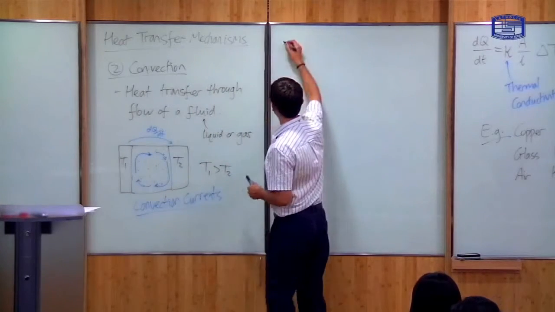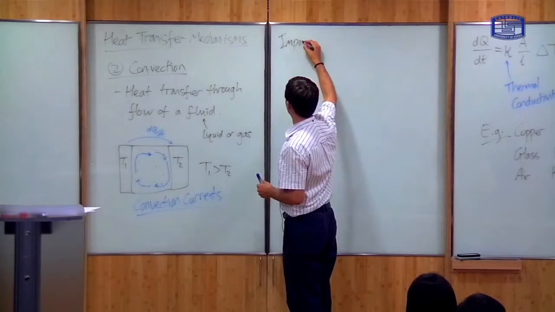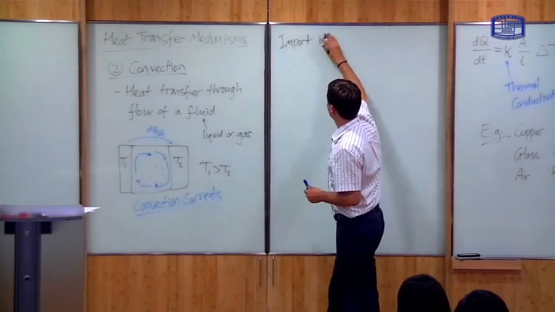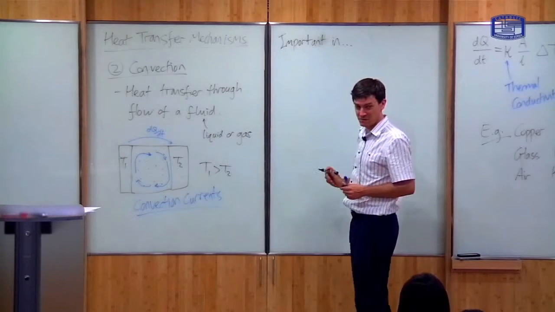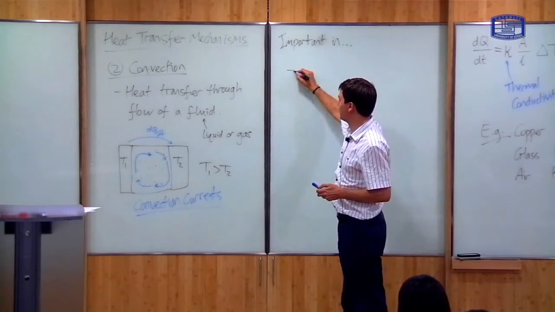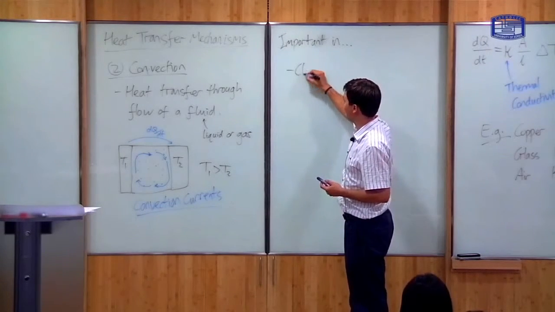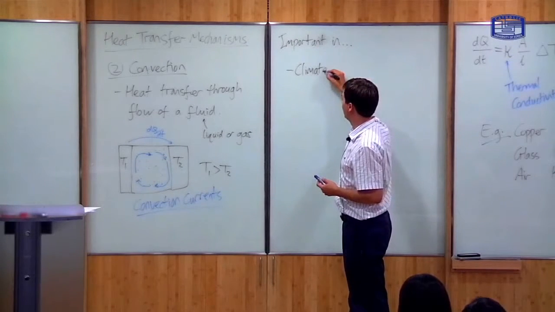Okay, so a couple of systems in which convection is very important. It's very important in the atmosphere, so for example in the modeling of climate or weather.